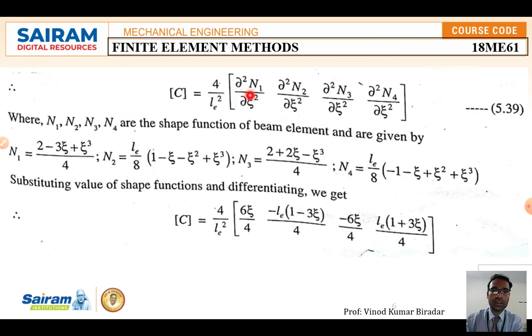It is the second derivative, the curvature function, in the natural coordinate system, d square N1 by d zeta square, at node number 1 and at node number 2. You have to remember that N1, N2, N3, N4 are the shape functions. The number of degrees of freedom is equal to the number of shape functions, and you have to remember that in this case. The element length is LE, so we get 4 by LE square.